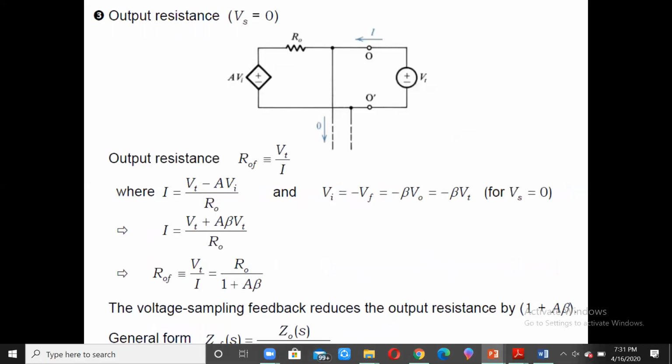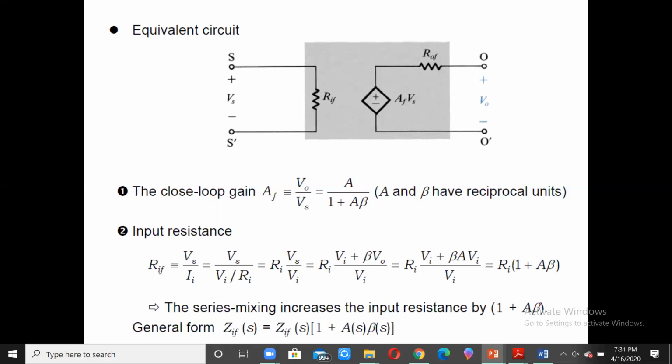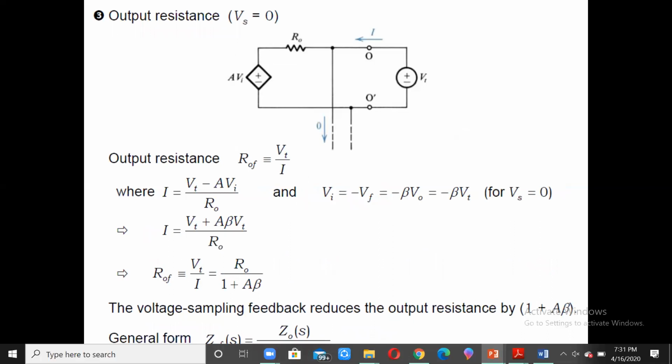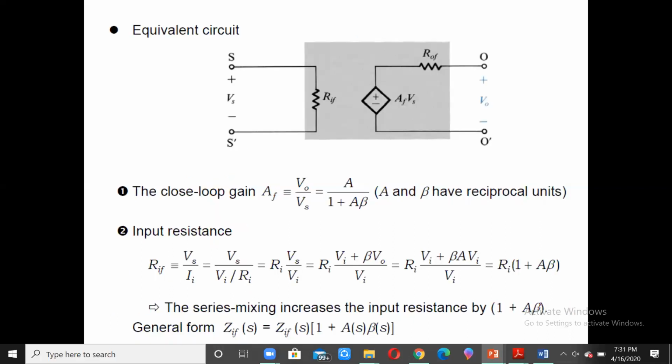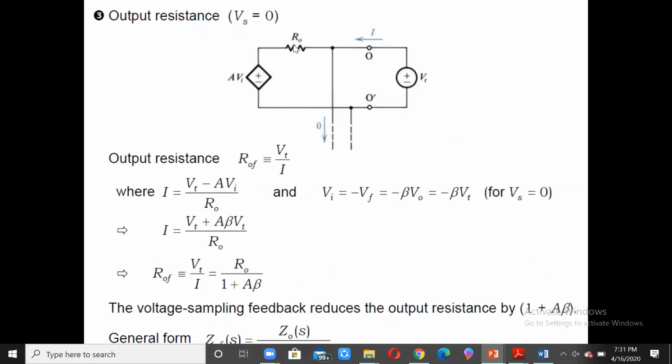Because Vs is equal to 0, the output side will have A into Vi into R0, and we are putting a test source Vt here. This test source divided by the current I is going to give us the ROF value.